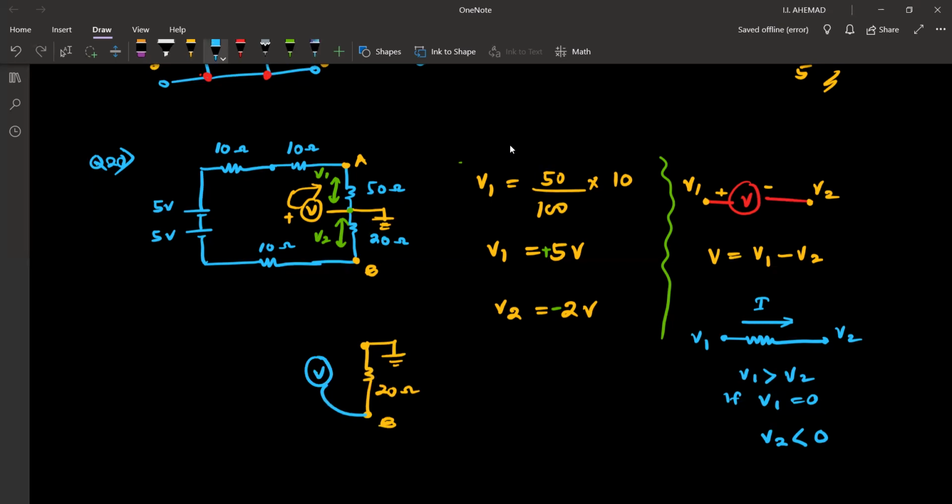Now what can you tell about the reading? Is it 2 volts or negative 2 volts?